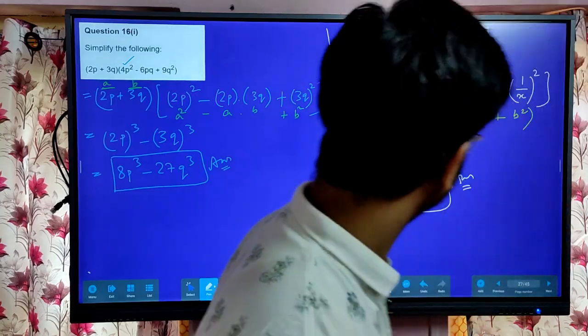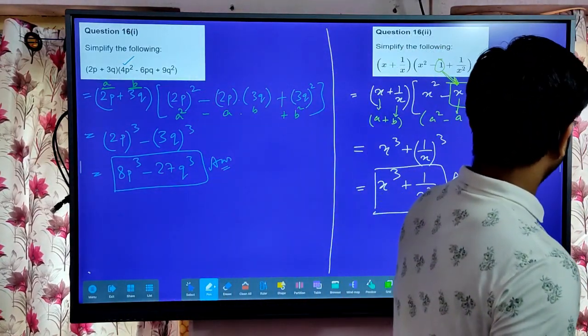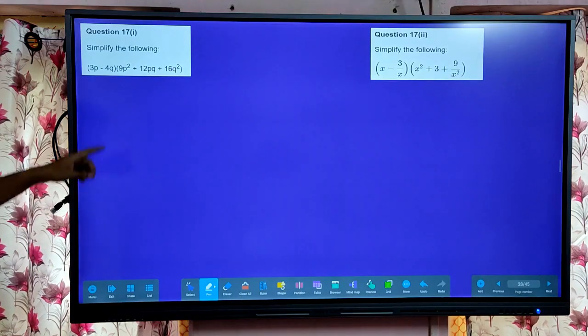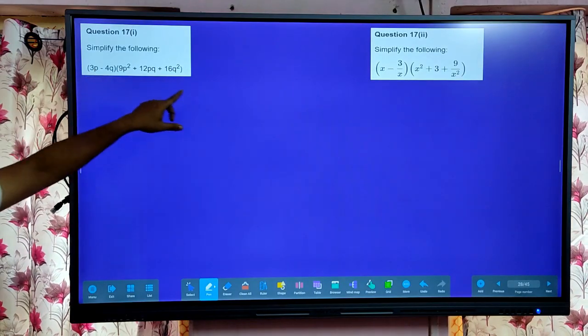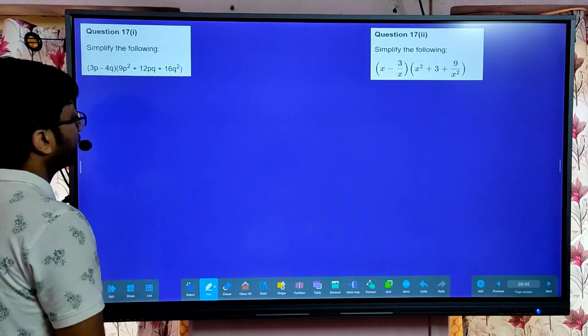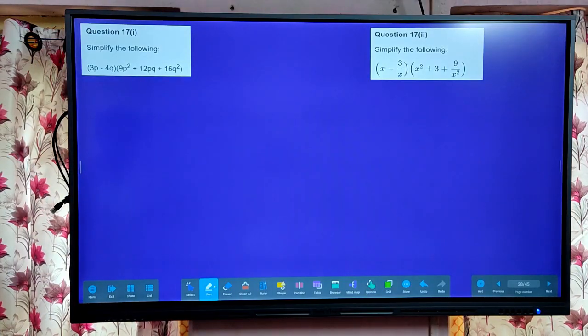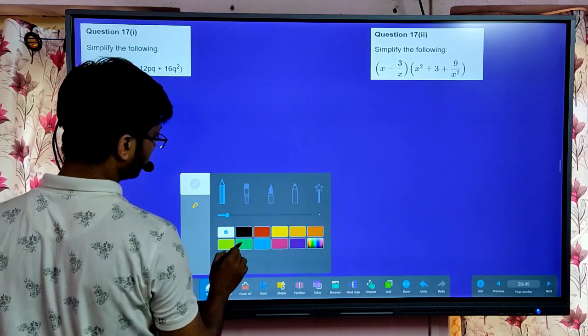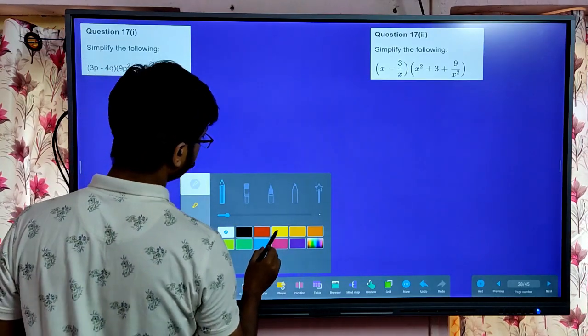Which is the same thing. Only thing it is a minus b and a minus b. So this formula will be that of a cube minus b cube, and these two formulas will be both same, a cube minus b cube. So let me write.